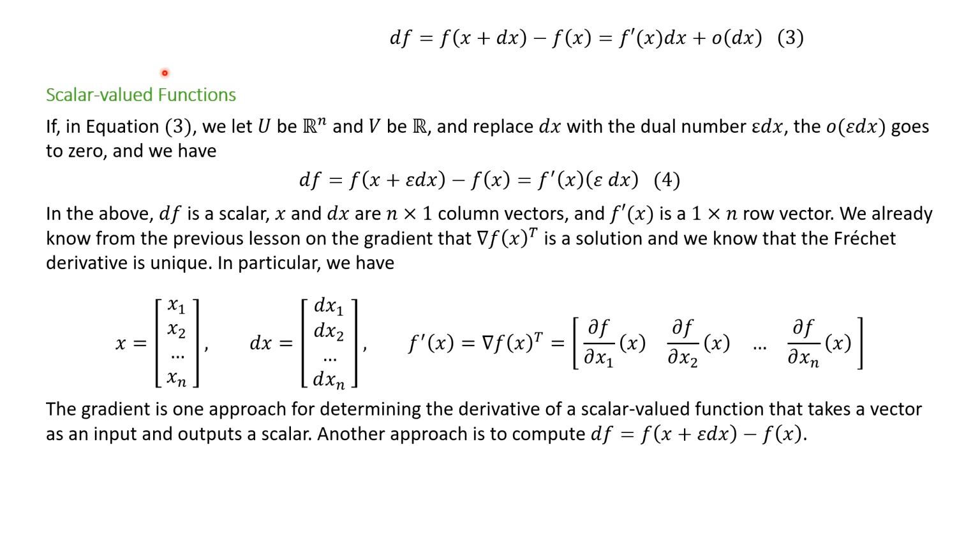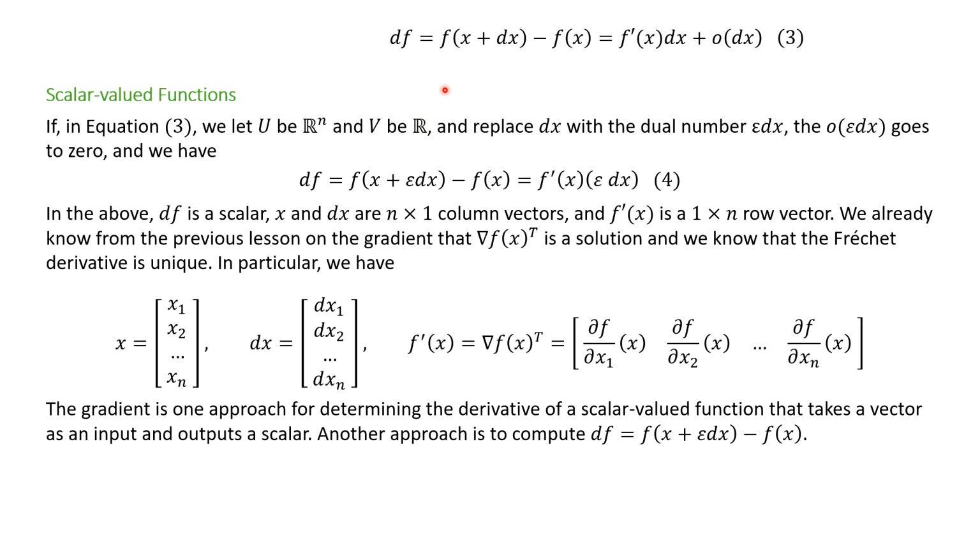If in equation 3, which I copied for us up here, we let u be Rn and v be R. That's really not in equation 3, but in the Fréchet definition of a derivative. We're just going from a vector to a scalar. That's all that's saying. It's just saying f is scalar valued.